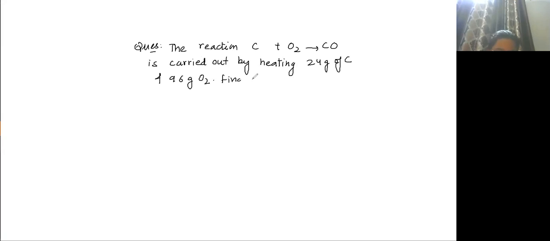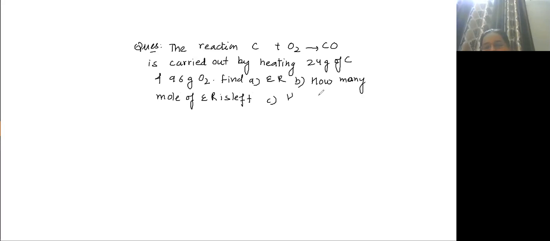Find A part, ER, the excess reagent. B part, how many moles of ER are left. C part, how many moles of CO are formed.